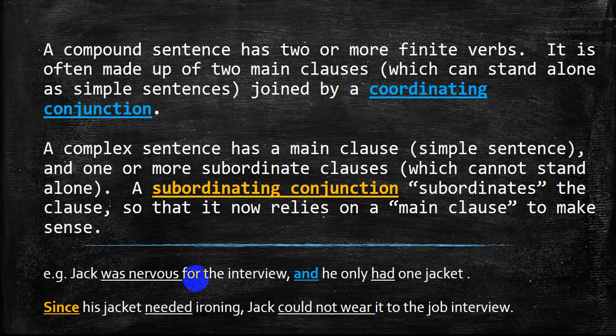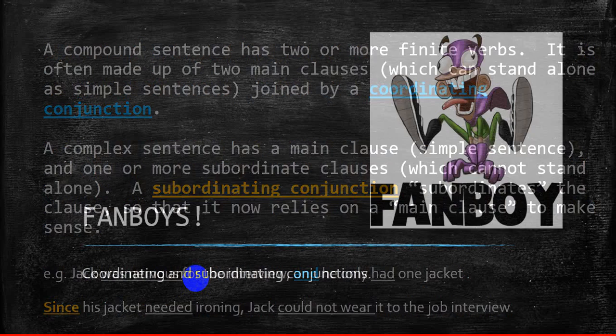But by subordinating the first clause with the subordinating conjunction since, it now relies on the second clause in order to make sense. And I really like this example because it just shows that some subordinating conjunctions can start sentences, like since and however. That's fine. They can be at the beginning of the clause or the sentence.